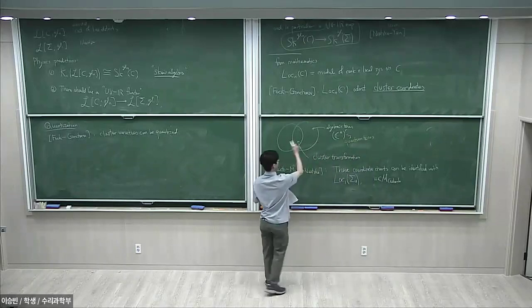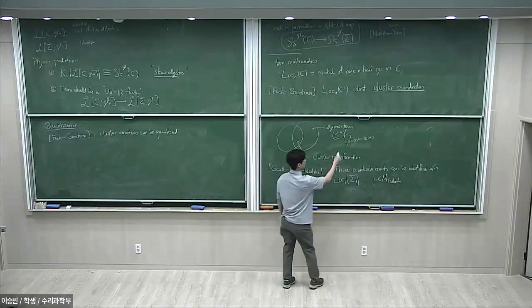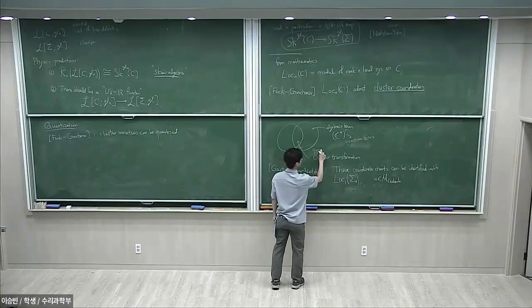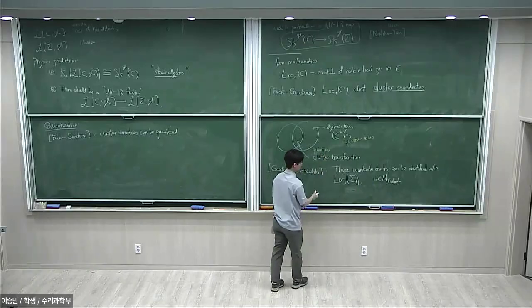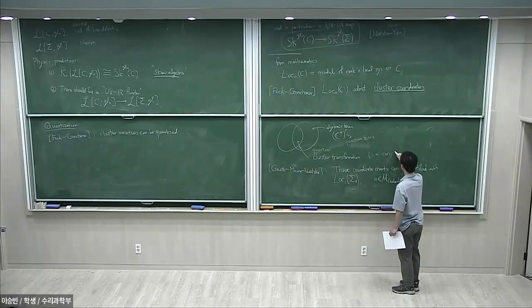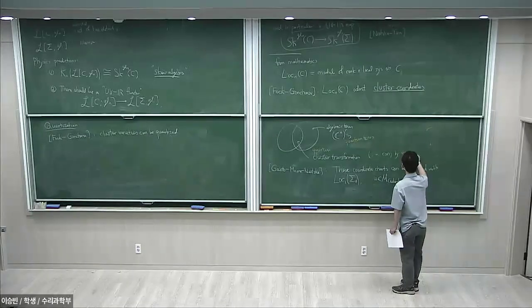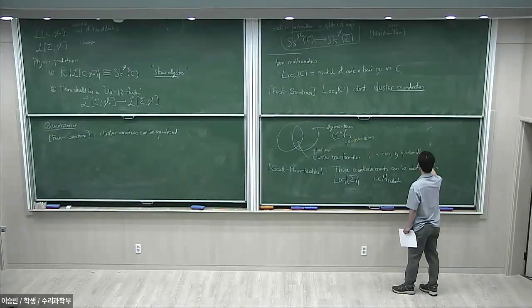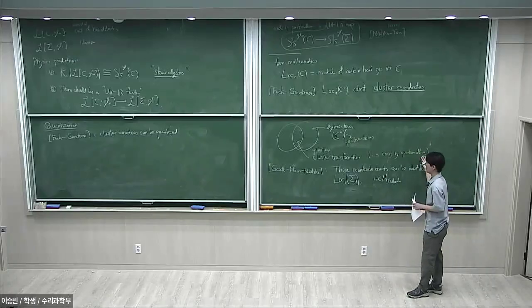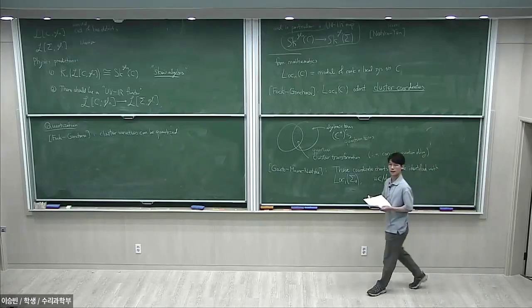And the way the coordinate transformation works in the quantum setting is by what's called the quantum cluster transformation, which is conjugation by quantum dilogarithm. Yeah, and I'll say a bit more about quantum dilogarithms later.